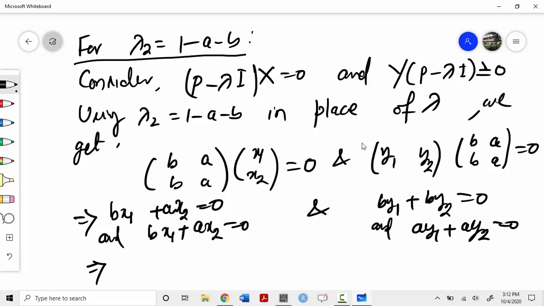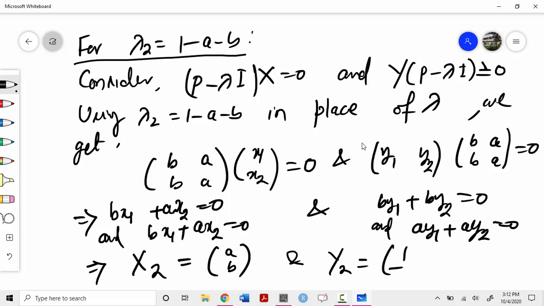So this implies x2 equal to a, b, and y2 equal to 1, minus 1.